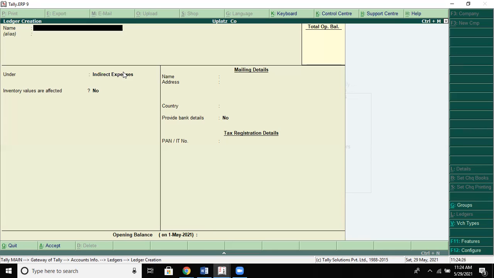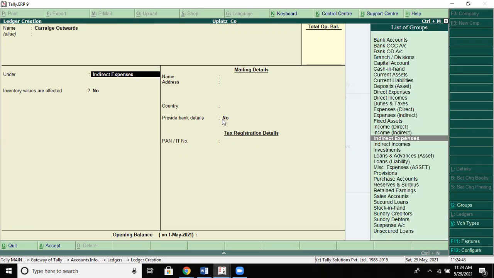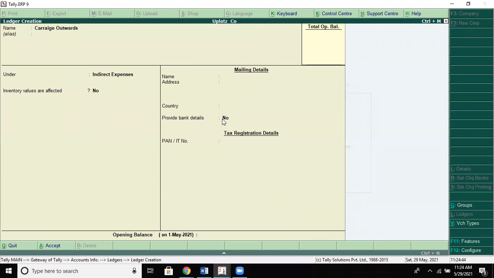Next, insurance, indirect expenses. Carriage outwards. So carriage inwards is always with direct expenses, but carriage outwards will go under the head indirect expenses.